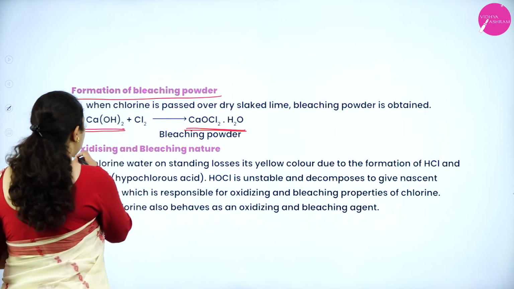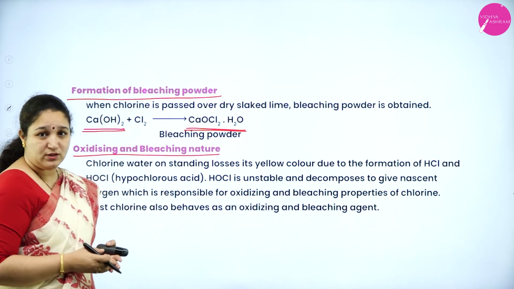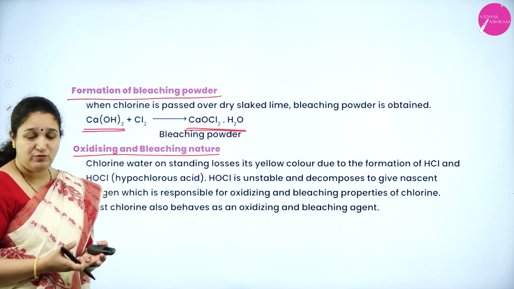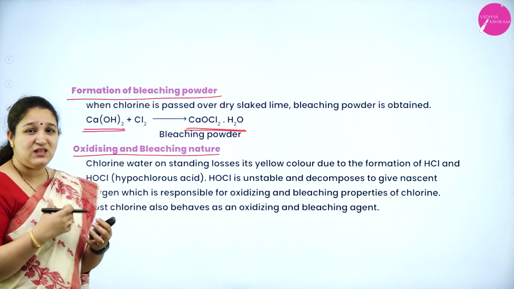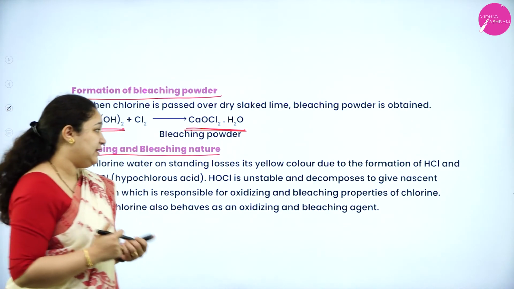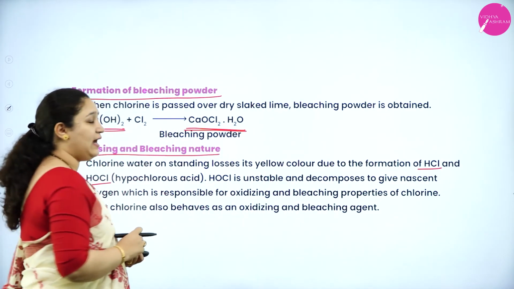Next is oxidizing and bleaching nature. If you take chlorine water and allow it to stand for a long time, you can see the color of chlorine water is continuously fading off. Why exactly? That is due to formation of HCl and HOCl, hydrochloric acid and hypochlorous acid.